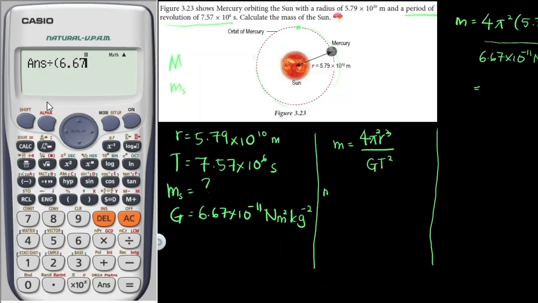Of course, you can store this value in your calculator's memory, in any of the variables A, B, C, D, E, F. It should be easier. 6.67 times 10 to the power of negative 11.